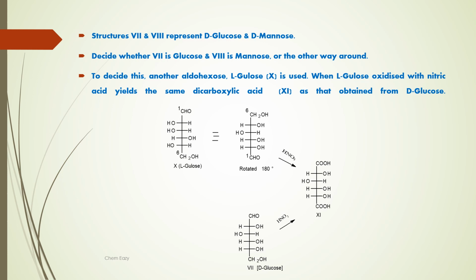We have to decide whether structure 7 is glucose or structure 8 is glucose. To decide this, another aldohexose, that is L-gulose, is used. When L-gulose is oxidized with nitric acid, it yields the same dicarboxylic acid as that obtained from D-glucose.